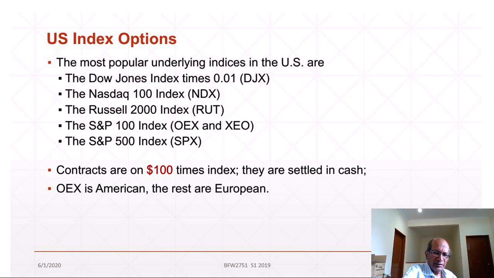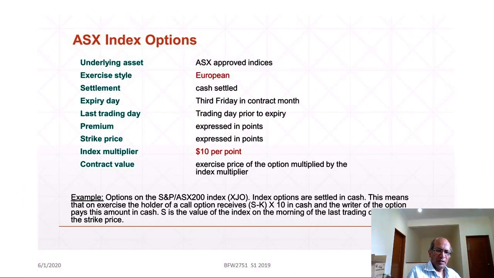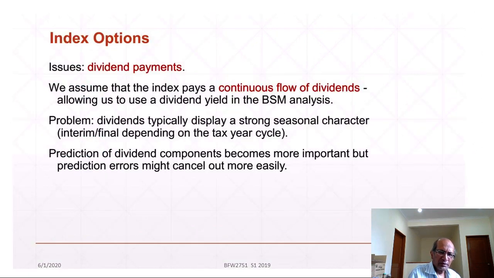Only the OEX is American. The rest are European. I may not test you on anything called American. The S&P 500 index, SPX, and all these things are index options. You don't have to worry too much about this.